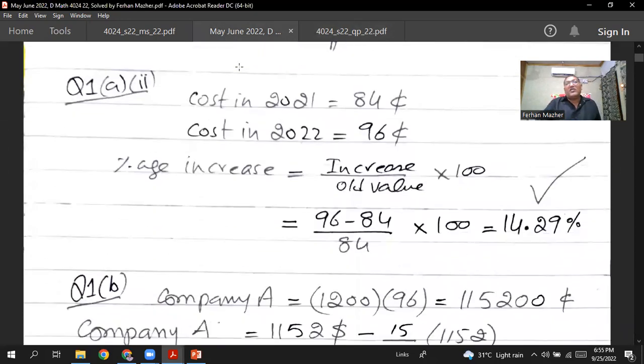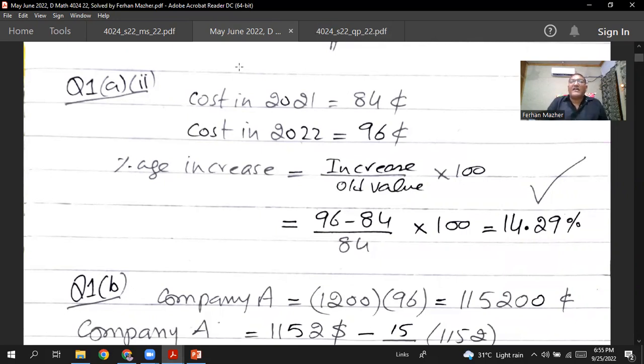Here on your screen, the solution is showing cost in 2021, 84 cents. Cost in 2022, 96 cents. So percentage increase is increase divided by the original or old value, multiplied by 100. So it will be (96 minus 84) divided by 84, multiplied by 100.